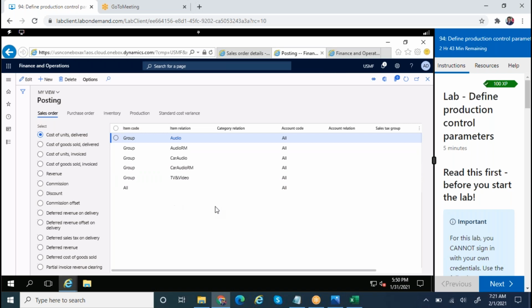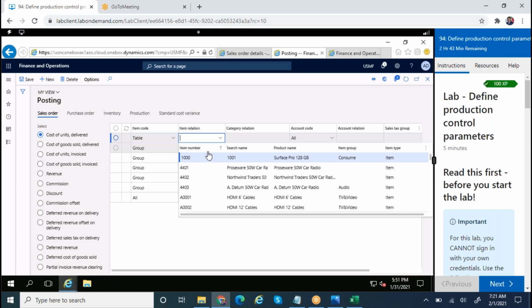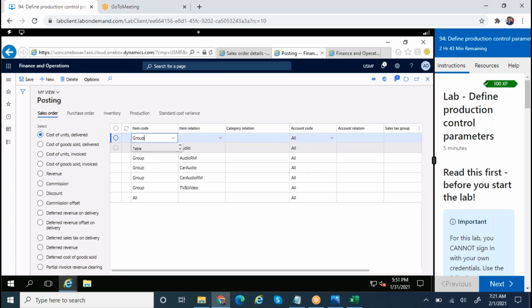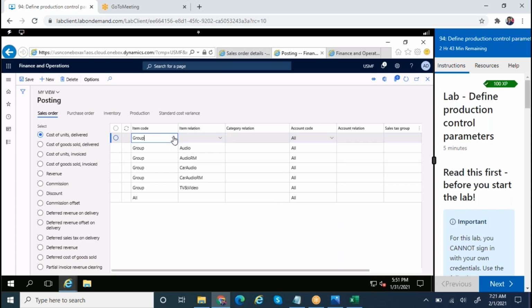Here, click on new. Look at this one. This is item. I can select item. Another one is group. I can select item group. Another one is all. In this case, it will not allow you to select.